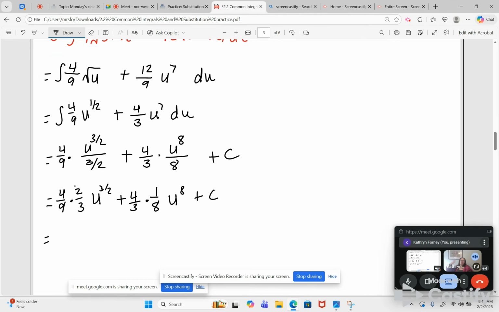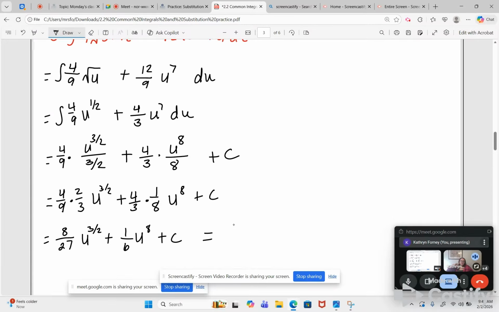So now, 4 thirds times 2 thirds, that becomes 8 over 27, u to the 3/2. 4 thirds times 1/8 becomes 4 over 24, which, if you simplify, you would have 2 over 12, which is 1/6. U to the 8th plus C.